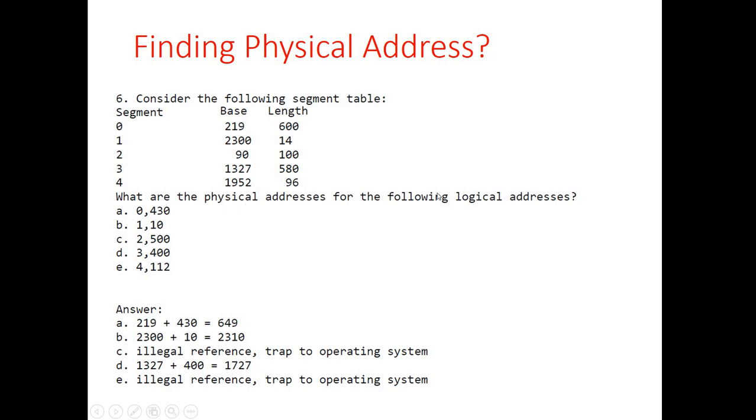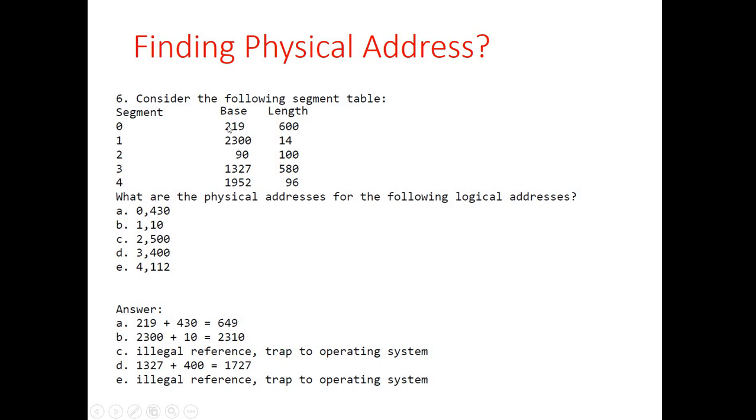What are the physical addresses for the following logical addresses? So here you see 0, 430. 0 is the segment number and 430 is the offset within the segment. So we need to refer to instruction number 430 within segment 0. That is the meaning of this 0, 430.